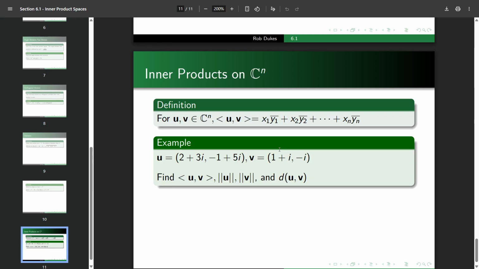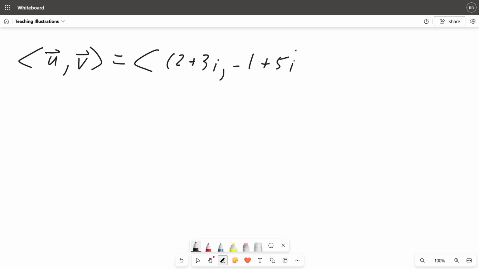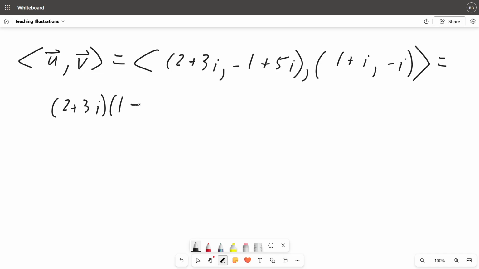So let's take these two. Let's find their inner product, find their lengths and their distance. Okay. So u comma v is 2 plus 3i, negative 1 plus 5i, comma 1 plus i, negative i, which is 2 plus 3i times 1 minus i.